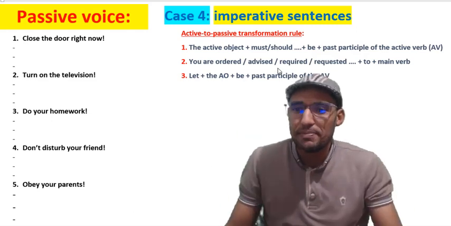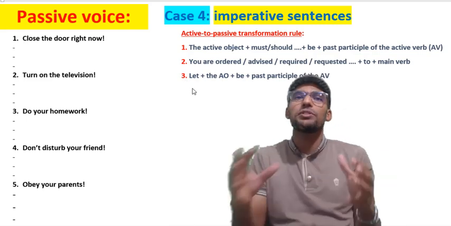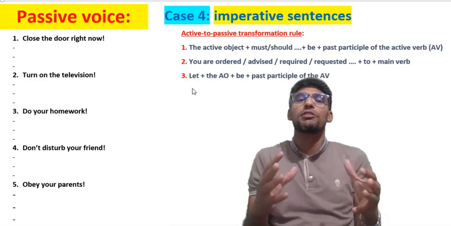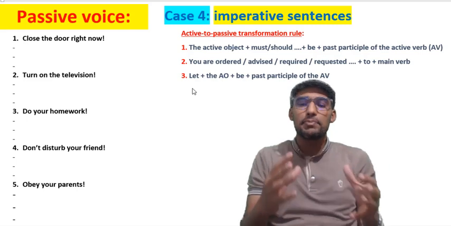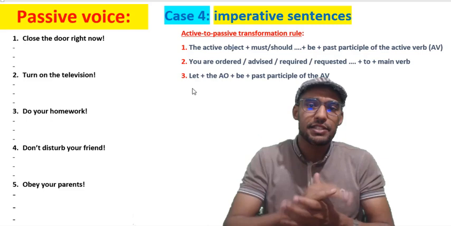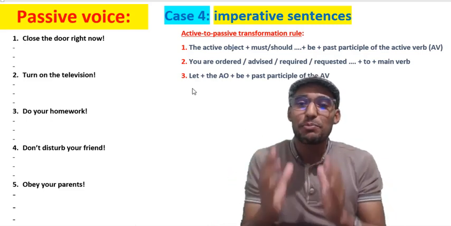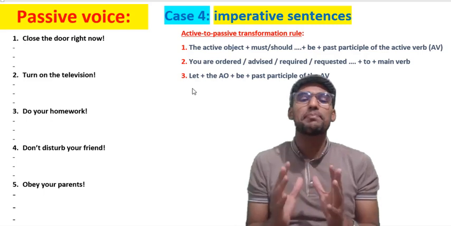Another way, and the third suggestion here, guys, is to use this verb let's plus the active object, the object in the active statement, plus the verb be. The verb to be should be there when talking about the passive voice.